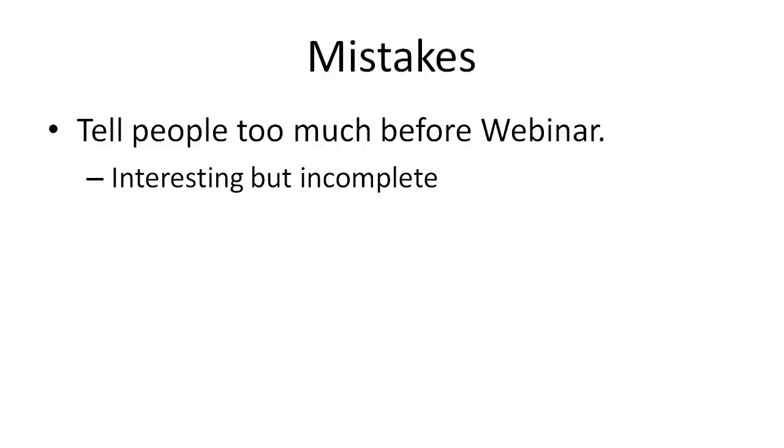You don't want to give too much information. So if you give a PDF or a checklist or some sort of homework that's really intriguing, make sure that you do not give too much. Give something that is interesting but incomplete.